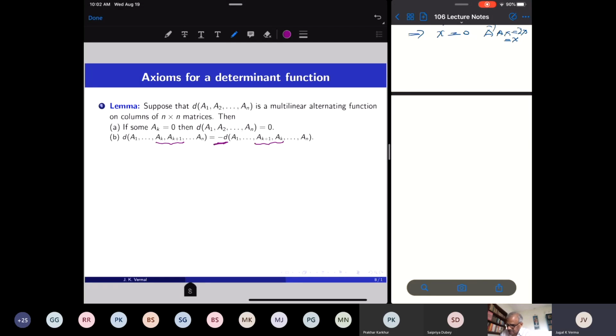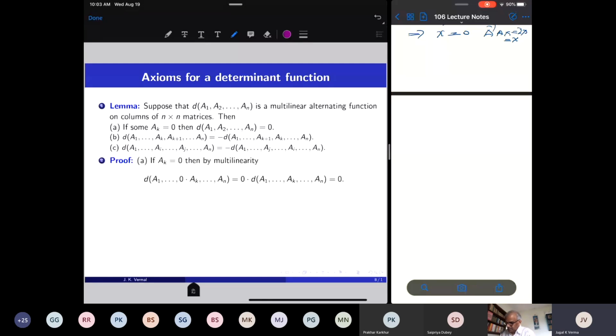It will satisfy the property that if Ak is 0, then D of that matrix is 0, and if I interchange two adjacent columns, I acquire a negative sign. The same property holds if I interchange the ith column with the jth column. Then a negative sign is obtained. So these three properties are true for any multilinear alternating function.